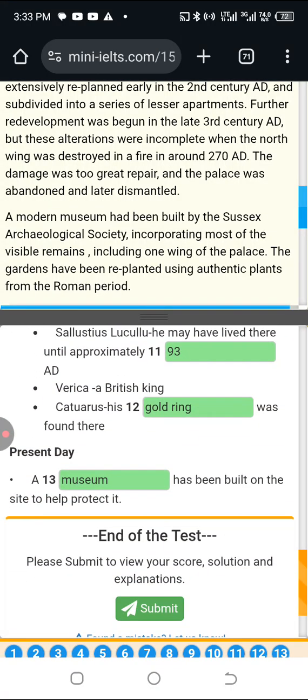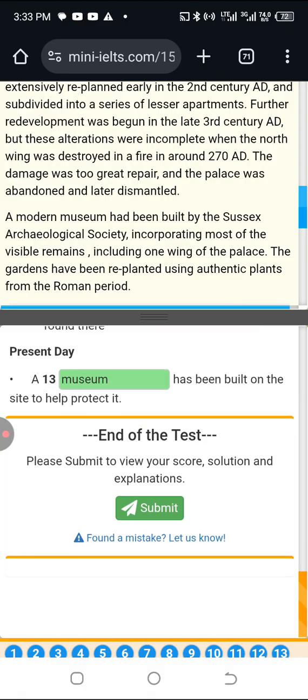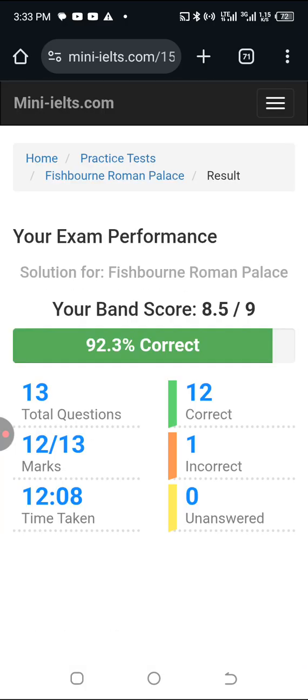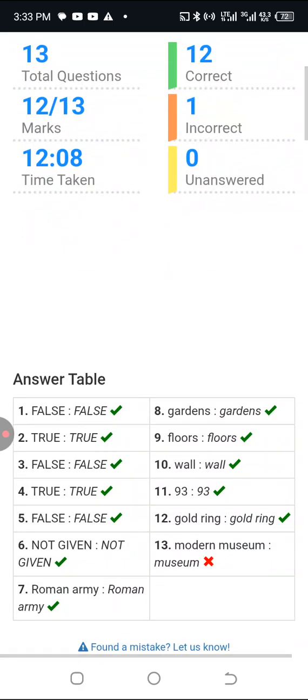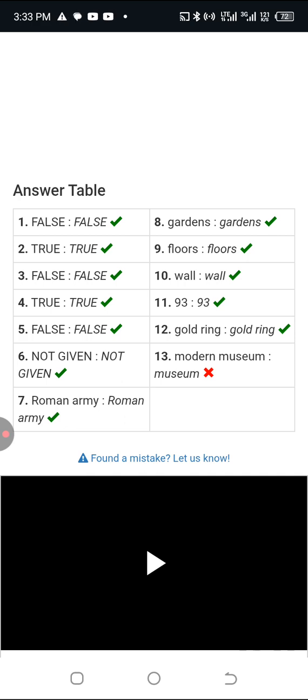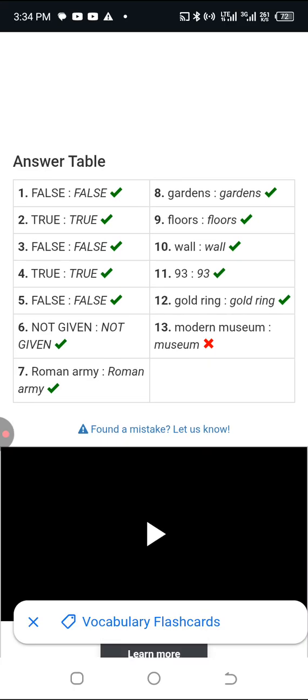I've answered all the questions. Ladies and gentlemen, let's submit. And let's see what my score is going to be. 8.5. Wow, I got one question wrong. Number 13. Instead of museum, they said the answer is modern museum. Can you see? In that last paragraph, they wrote modern museum there, but I felt that modern was not necessary. Assuming I wrote modern museum, I would have gotten it.